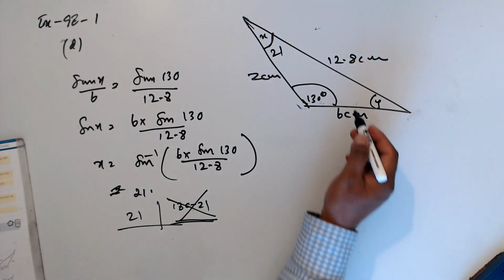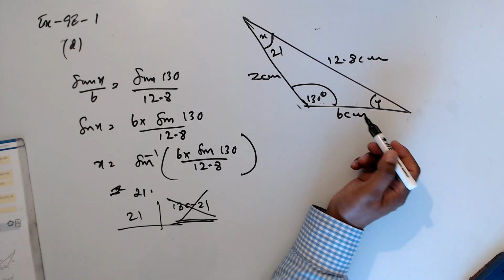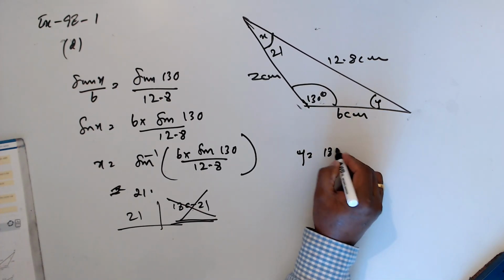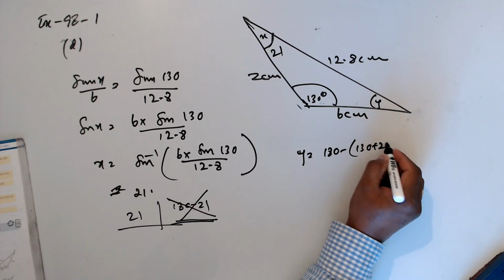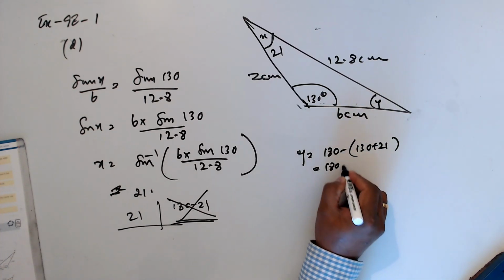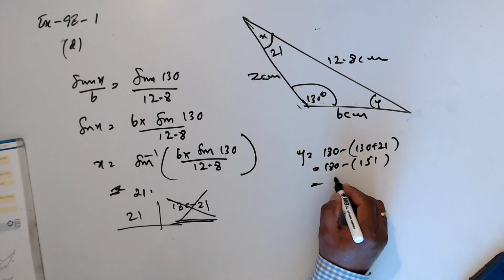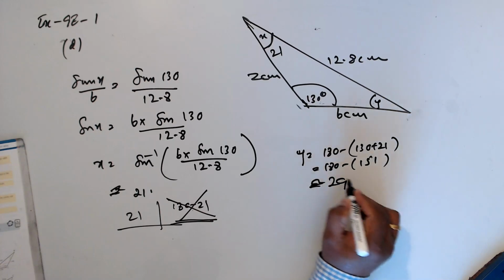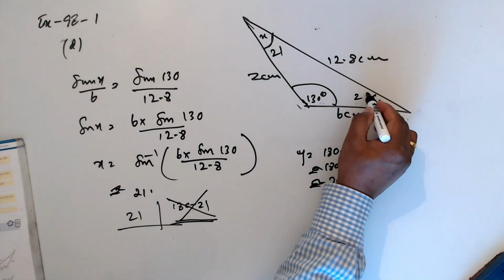Then I can find this one. So y equals 180 minus 130 plus 20, 180 minus 151. This is going to be 29. So y equals approximately 29.